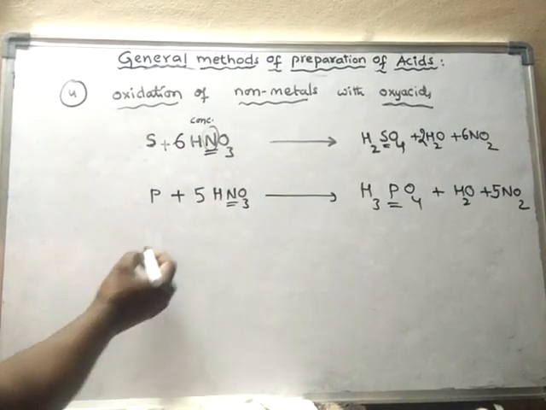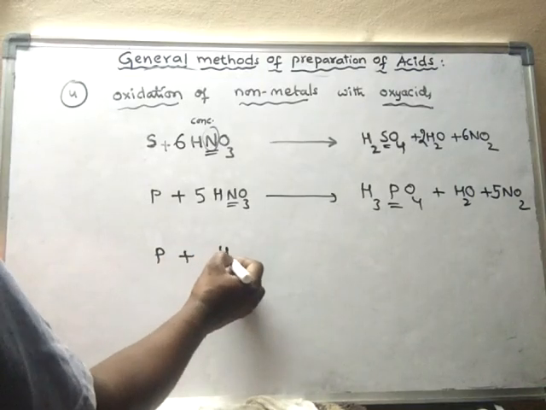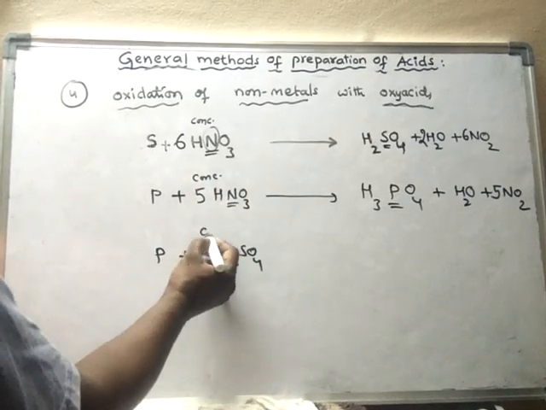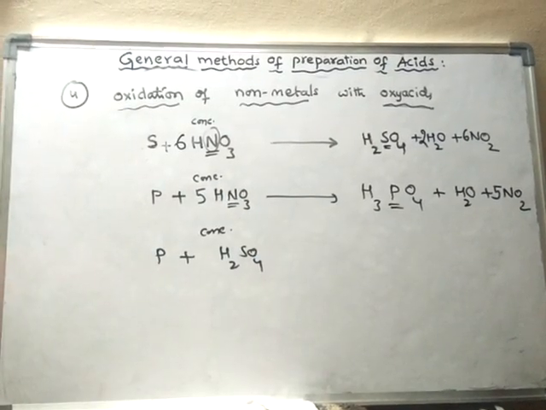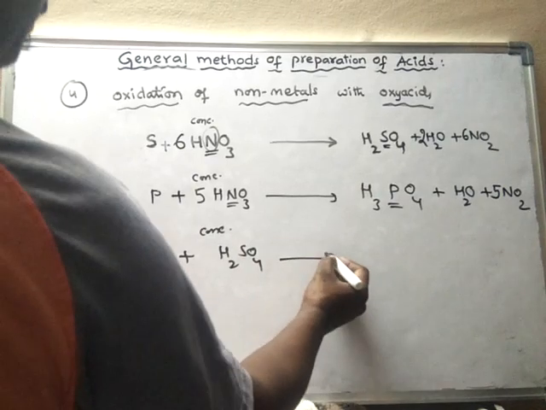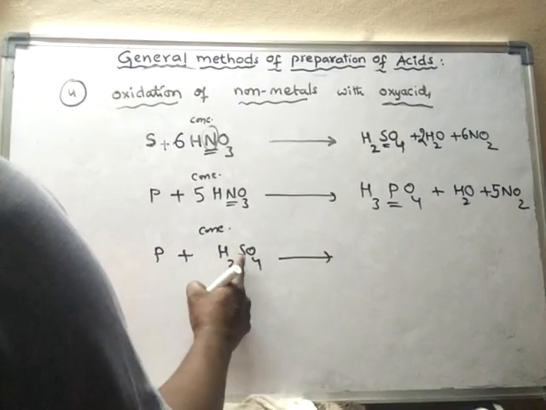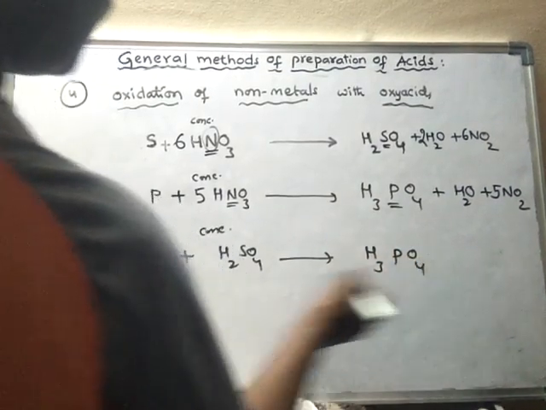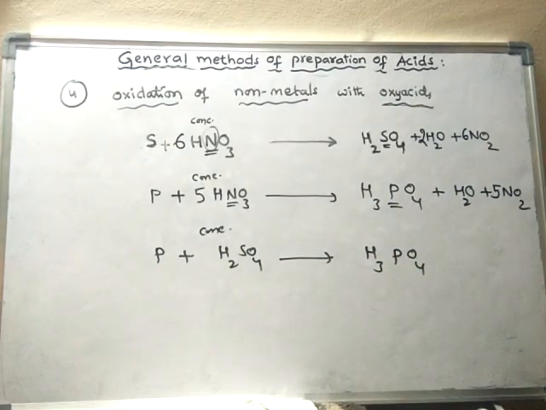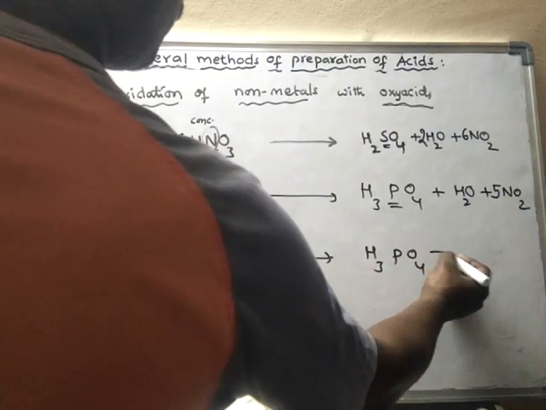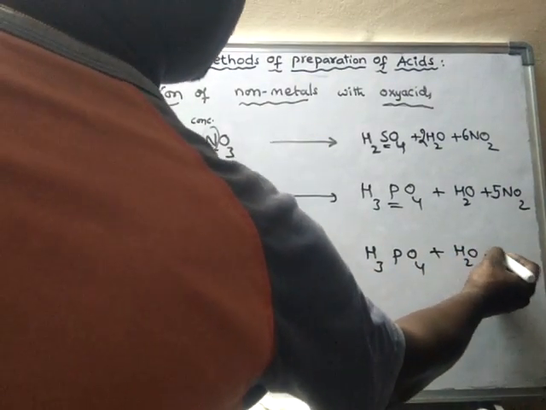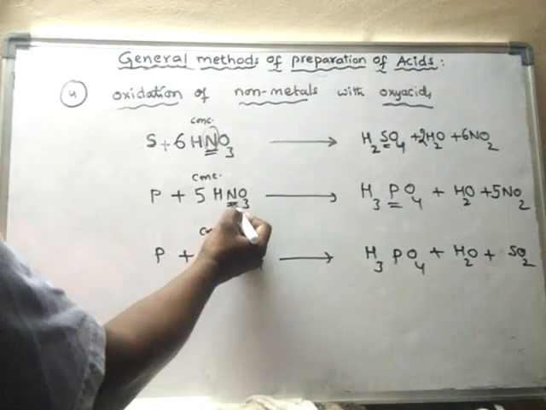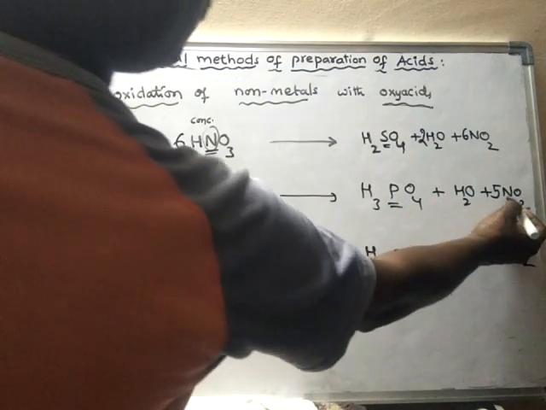Another example. Phosphorus reacts with concentrated sulfuric acid. Here also, instead of sulfur, phosphorus comes and sits, so it forms phosphoric acid and water, and here SO2 is formed because we have used sulfuric acid. When nitric acid is used, it forms NO2.